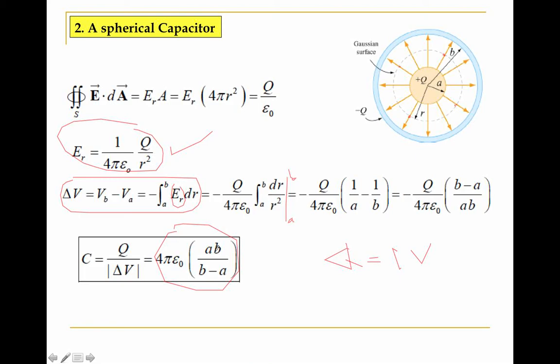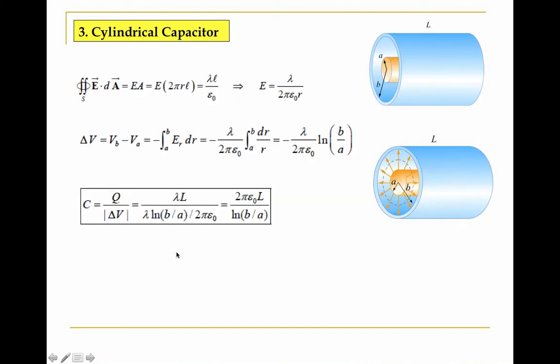And again, as you can see, it depends only on the dimensions, a and b, a being the radius of the inner, or positive, electrode, and b being the radius of the inner surface of the outer shell. And of course epsilon defines the space in between them. In this case it's vacuum, and the 4 pi is a constant that comes from Gauss's law.